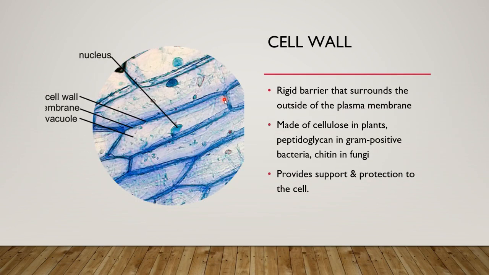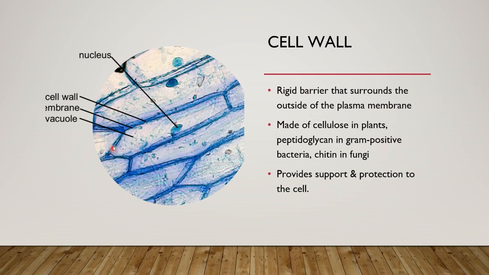We've all heard of a cell wall, and a lot of times people like to get this and cell membrane mixed up, whereas cell wall is only present in plants and also in something called gram-positive bacteria and also in fungus or fungi, known as chitin. So if you look at this picture here, this is just a rigid or hard barrier that surrounds the outside of the cell membrane.